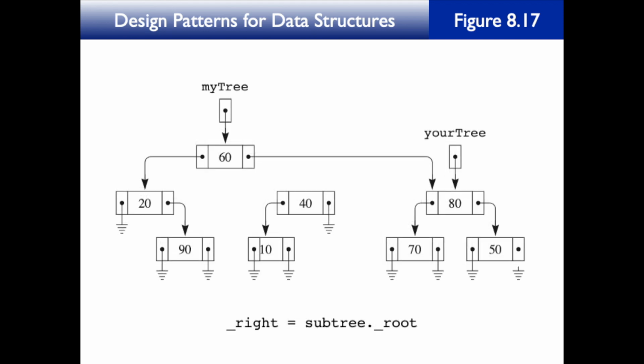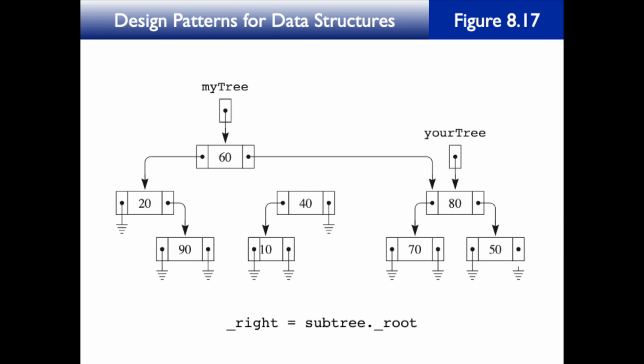So the first statement to execute is _right gets subtree._root. This makes our _right point to the same thing that subtree._root points to, namely the node that contains 80 for its _data. And now we notice that 40, the node with 40, is no longer accessible.